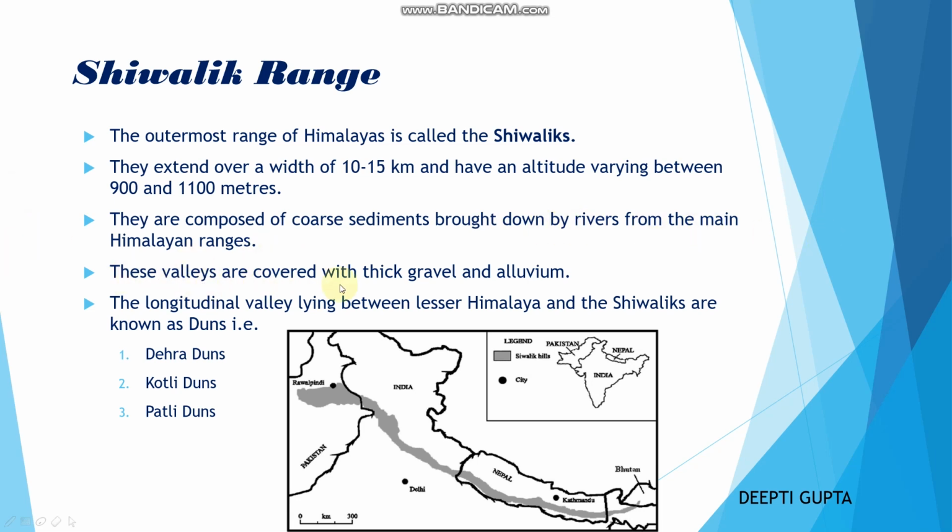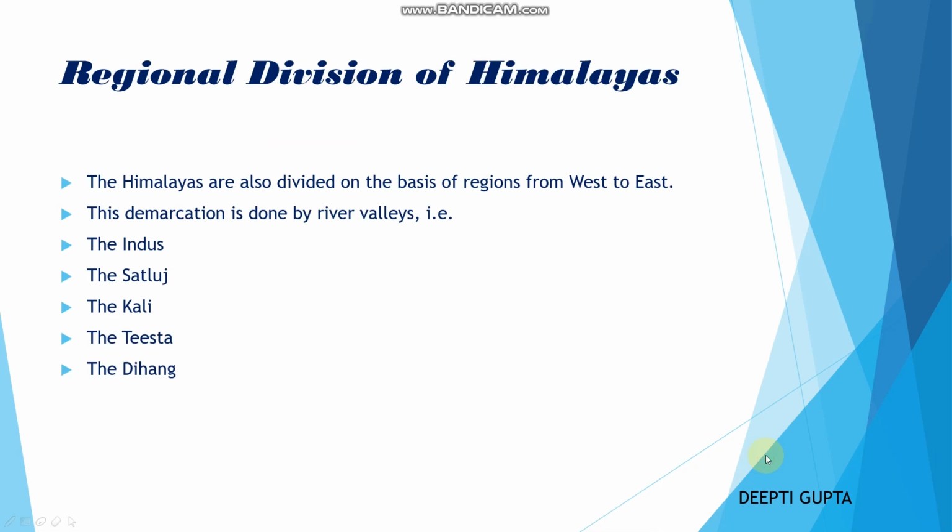These valleys are covered with thick gravel and alluvium. The longitudinal valleys lying between the Lesser Himalaya and the Shivaliks are known as duns, like Dehradun, Kotli Dun and Patli Dun. So these are the three ranges: upper is the Inner Himalaya, second the Lesser Himalaya and third the Shivaliks.